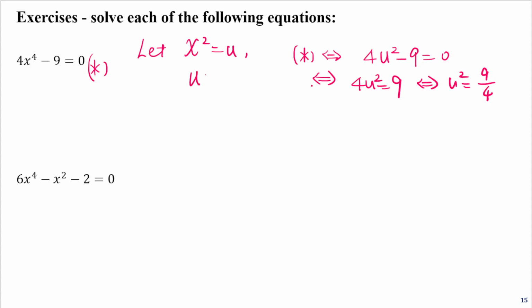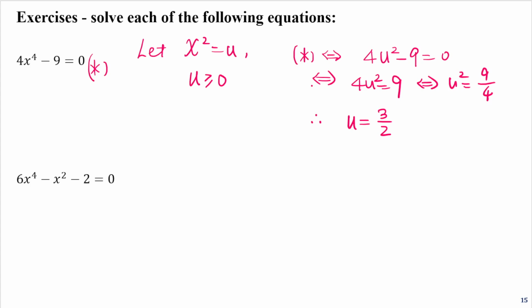Of course, u is greater than or equal to 0, because by default we currently only solve equations in the real number set. If x is a real number, x squared must be non-negative, right? Therefore, we know there is only one solution. u must be greater than or equal to 0, so u must equal positive 3 over 2. u cannot be a negative number, right?